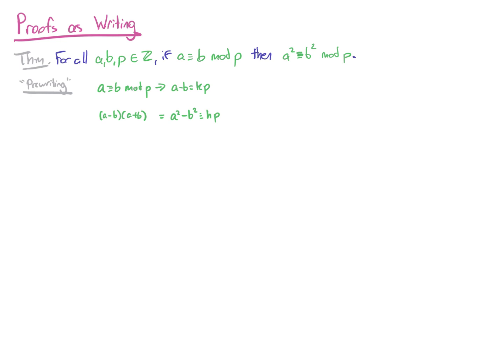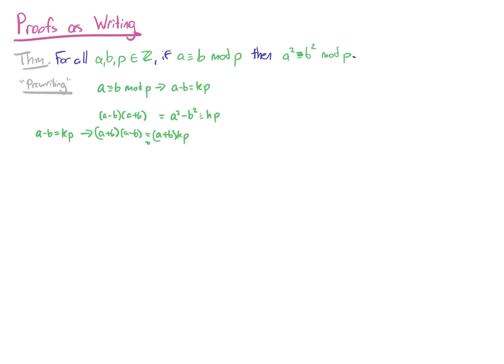So this is my insight. a minus b times a plus b is equal to a squared minus b squared, and that is going to be equal to h times p for some h. How do I work this out? Well, if I know that a minus b is equal to k times p, that means that if I hit that on both sides with a plus b, a plus b times a minus b is equal to a plus b times k times p.